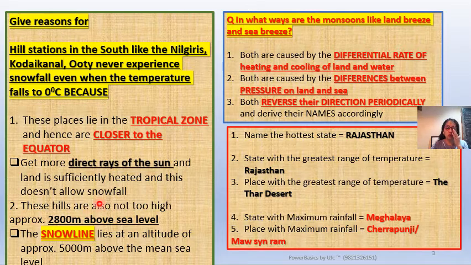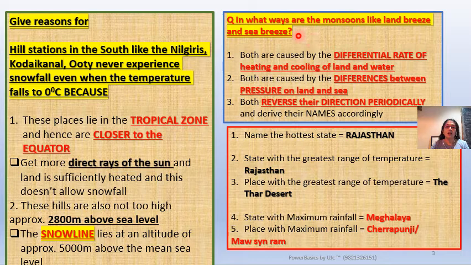These are the reasons why these hill stations in the south of India, like the Nilgiris, Kodaikanal, Ooty, you must have all gone there, it's very beautiful, do not experience snowfall. One, proximity to the equator, the sun's rays are more direct. Snow can't fall then, it's hot. And secondly, they're not anywhere close to the snow line, the height at which the snow starts falling.